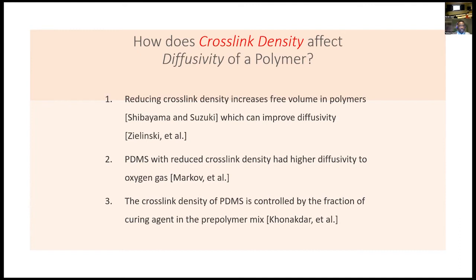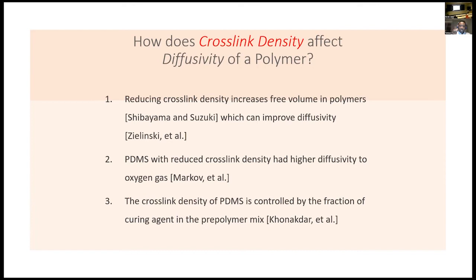Okay, so it generally improves diffusivity. PDMS with reduced cross-link density has higher diffusivity to oxygen gas, which showed a specific application, not for carbon dioxide, but for oxygen. Gas diffusivity was improved by modifying the cross-link density.